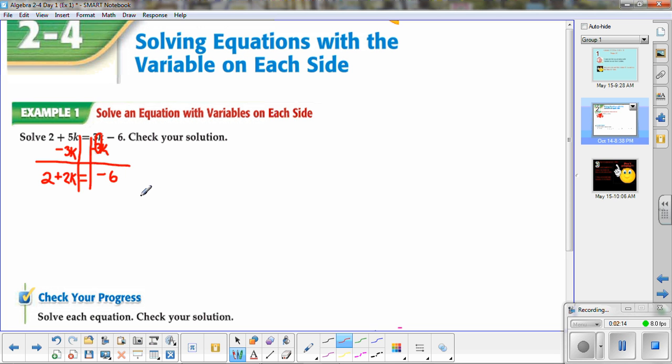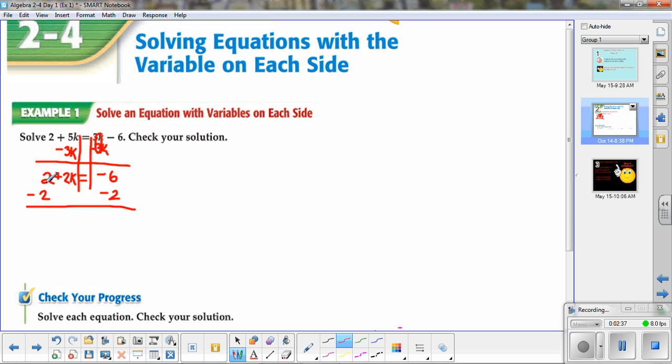Now we have problems that look like ones we solved earlier in the chapter. To get the k by itself, to get a single k, we need to first get rid of this extra stuff over here. We're going to get rid of this 2. To completely eliminate the 2, we want to subtract 2 from both sides. Remember, you have to do the same thing to both sides.